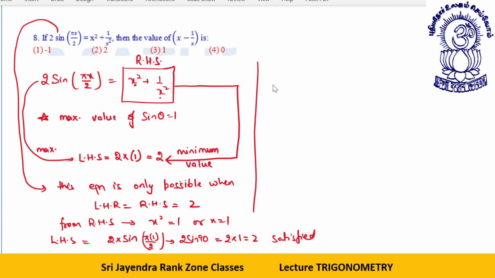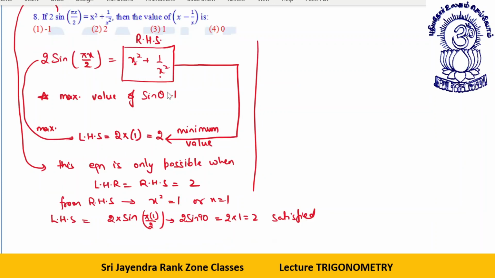Therefore we get x is equal to 1, as both LHS and RHS become equal to 2. Both LHS and RHS become 2 for x is equal to 1.